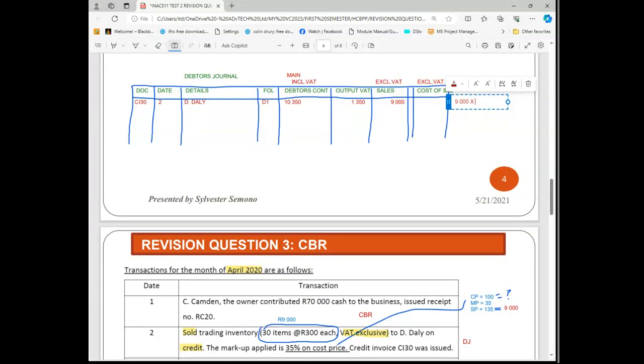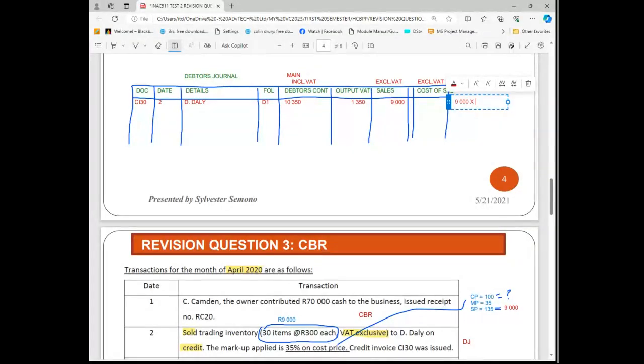What are you looking for? So it's going to be 9,000. Hello, can you hear me? Yes. So it will be 9,000 times 100 over 135. Thank you so much for coming back.